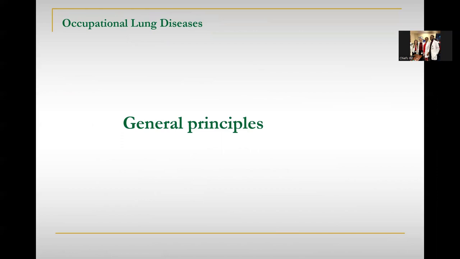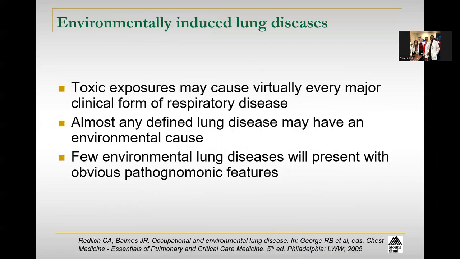So I want to just review some general principles, overarching principles for occupational and environmentally induced lung diseases. Toxic exposure may cause virtually every major clinical form of respiratory disease. So almost any defined lung disease may have an environmental cause.